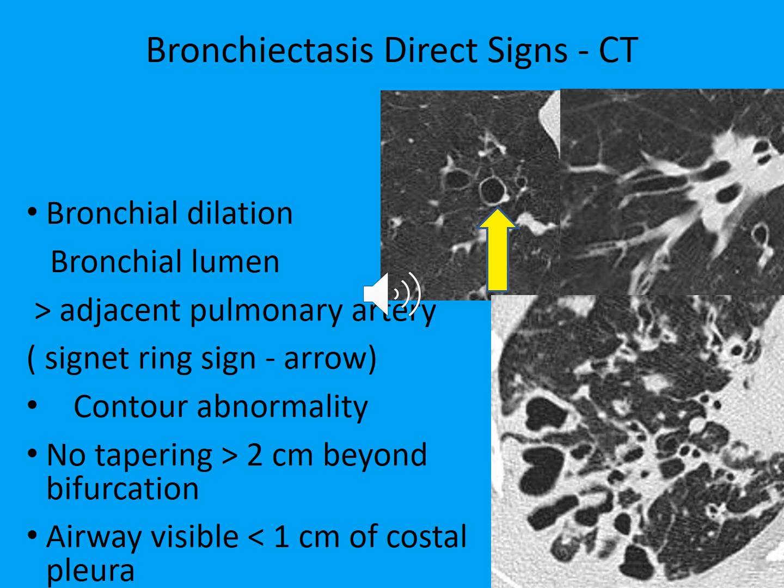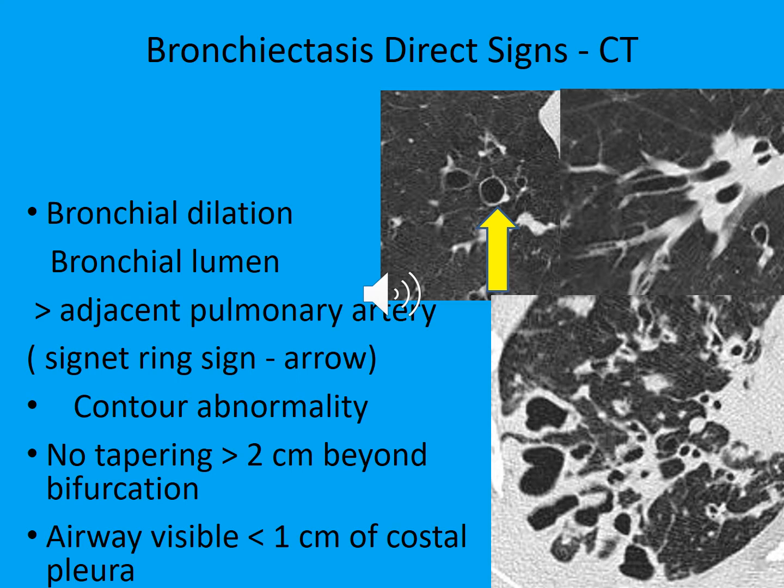Direct signs of bronchiectasis represent bronchial dilatation when bronchial lumen is much larger than the caliber of the adjacent branch of the pulmonary artery. This is called signet ring sign. The arrow shows a very good example.